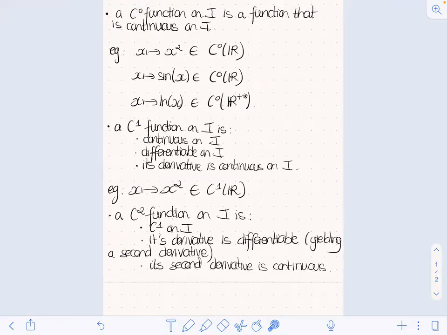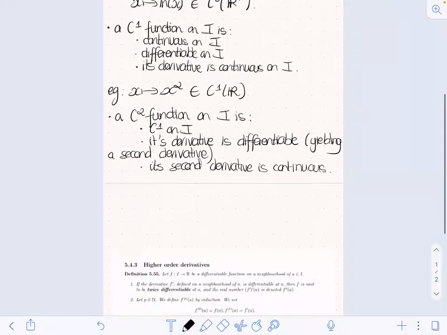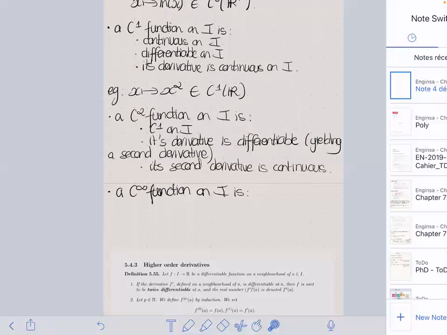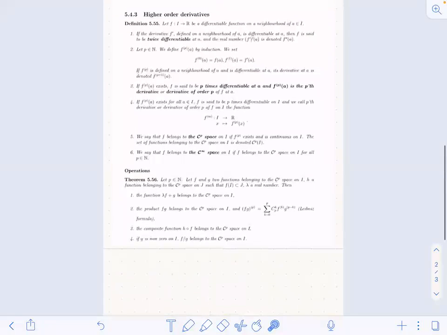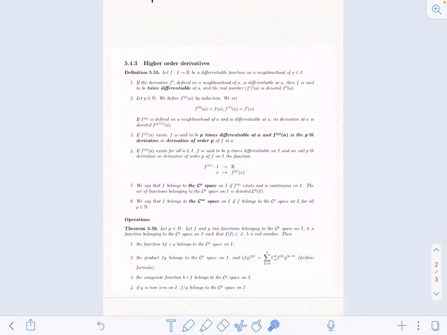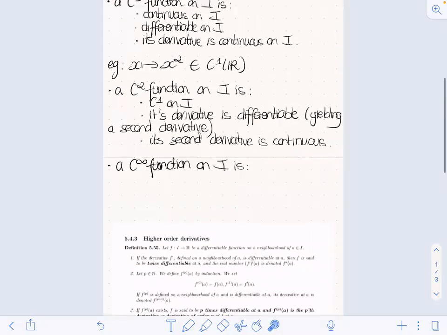Yes, thank you. When it comes to C infinite, a C infinite function on I is a function for which you can repeat this process an infinite number of times. You'll be in the C infinite space if you're in the CP space for all P. No matter how many times you differentiate your function, you keep reaching a continuous function, and you can keep differentiating.